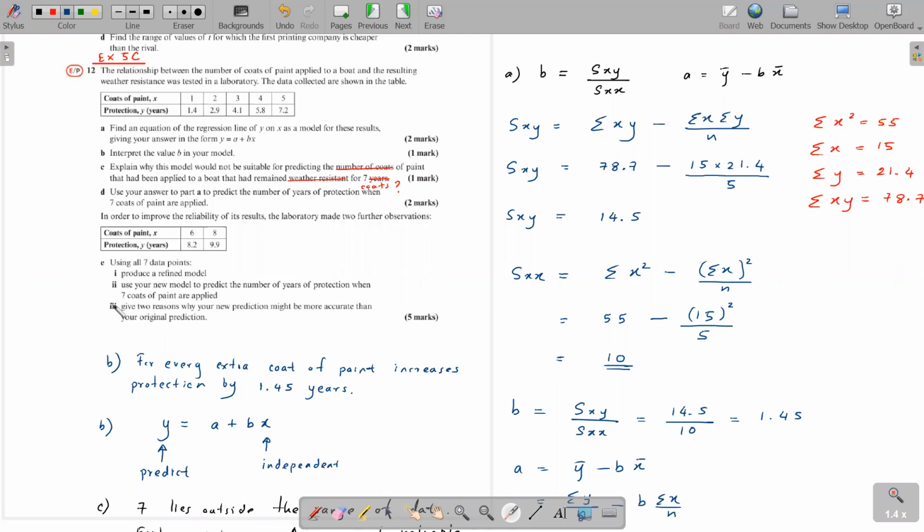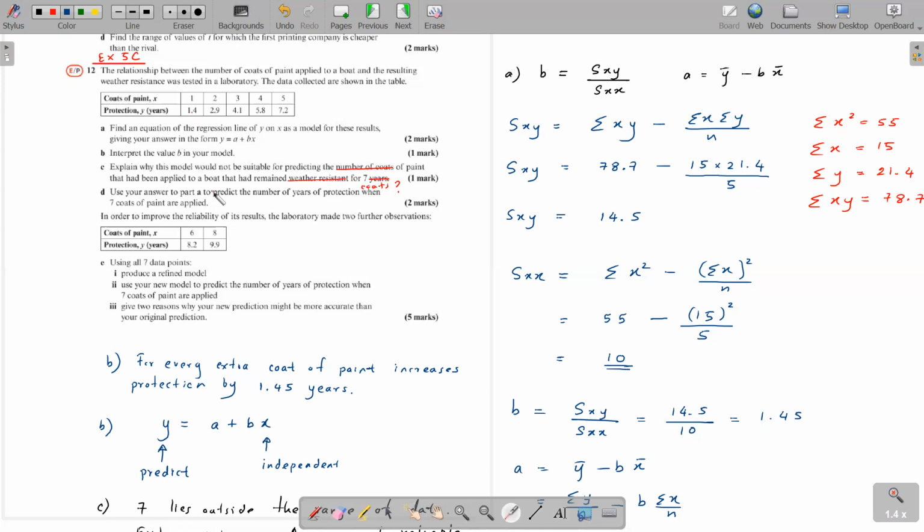And then they are asking you for 2 reasons, guys. Reason number 1 is the answer in part C was extrapolation, and the answer in part E is interpolation, inside the data range. The second reason: normally when you are taking a line of best fit, is it better to get the line with fewer points or with more points?